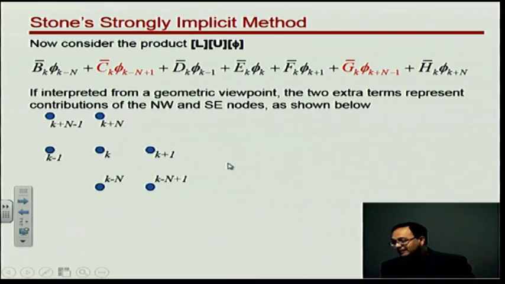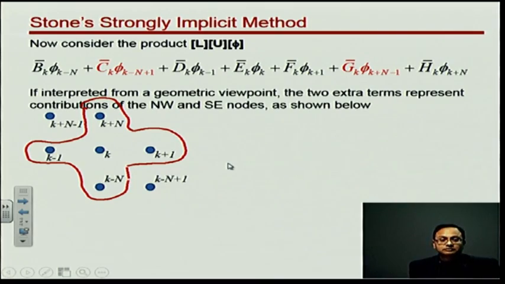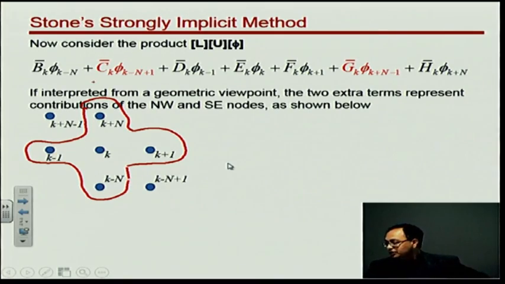So if we think about it, what is really happening? Here is our stencil. Our stencil actually was just that part. This is what we had in our stencil. Now we have these 2 additional terms which have introduced really 2 additional nodes, their influence on the center node.